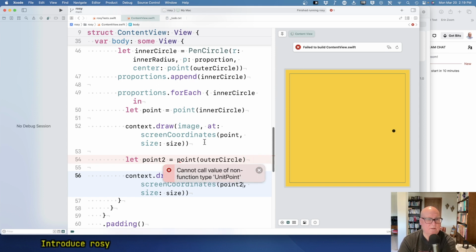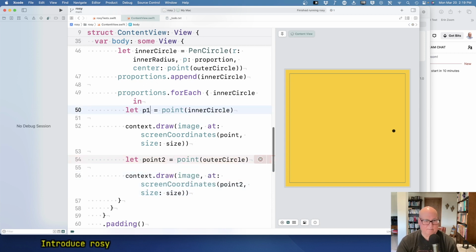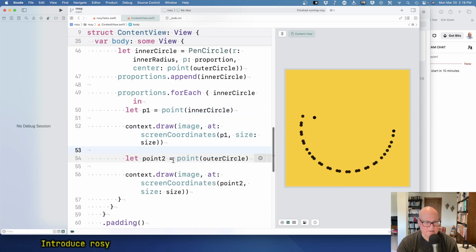Cannot count value of non-function point. Oh, that's... I think I'm overloading point and it's confusing it.